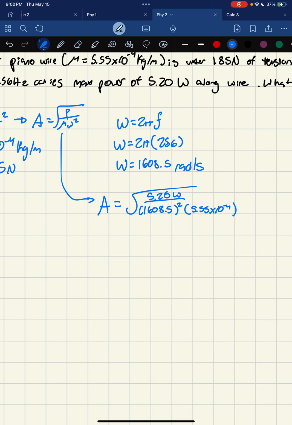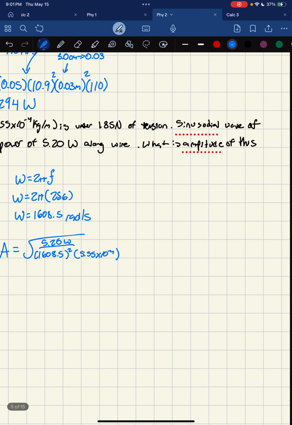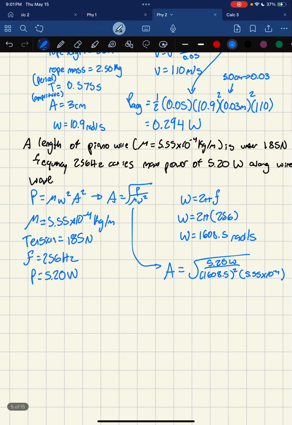Messed it up. I forgot my velocity. The wave speed. Forgot to add that to my formula.